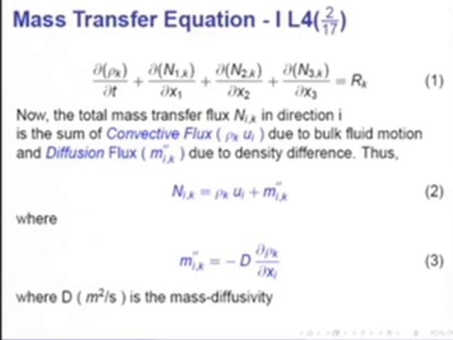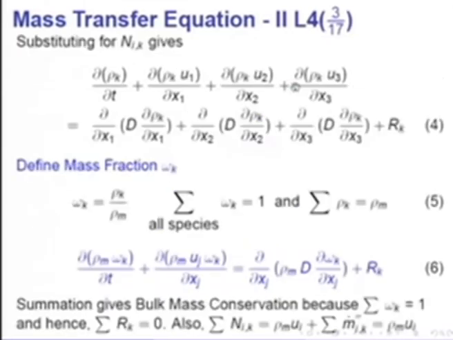So, if I were to substitute for N i K for each of these terms, then I can rewrite this equation in the following manner. It would read as d rho K by dt plus d rho K u1 by dx1 and so on and so forth, equal to d by dx1 of D d rho K by dx1, and likewise in directions 2 and 3, plus r K. Rho K has units of density.